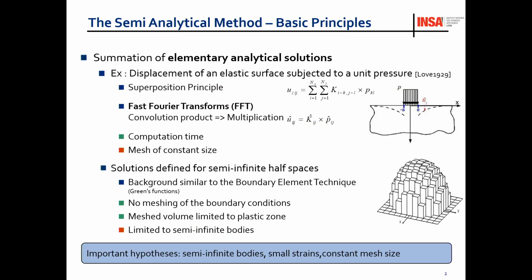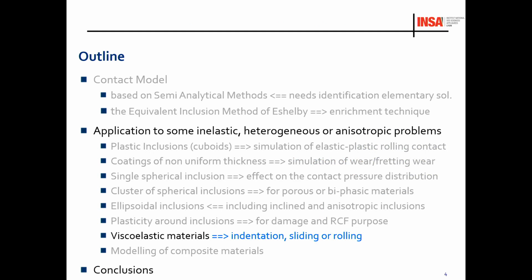Then, this is based on the same type of techniques, which is what we call a semi-analytical method or boundary element methods. You know that. This is directly the application to viscoelastic materials. Then there are a few things to modify in the algorithm, in the equations.